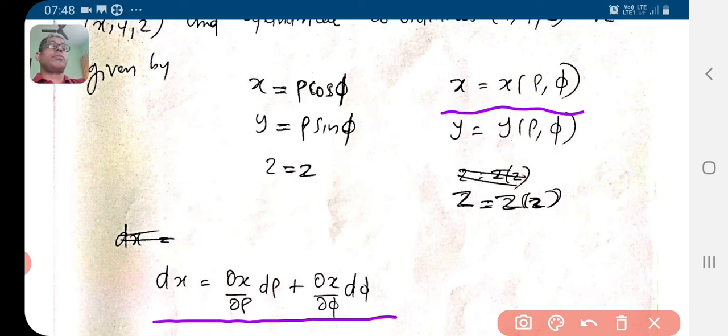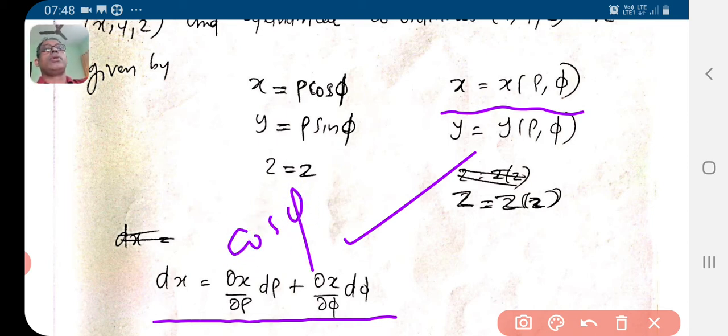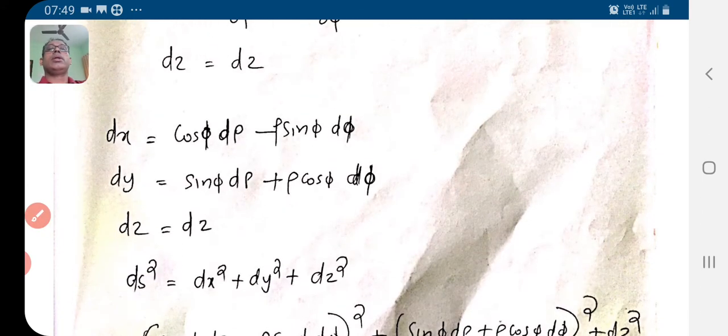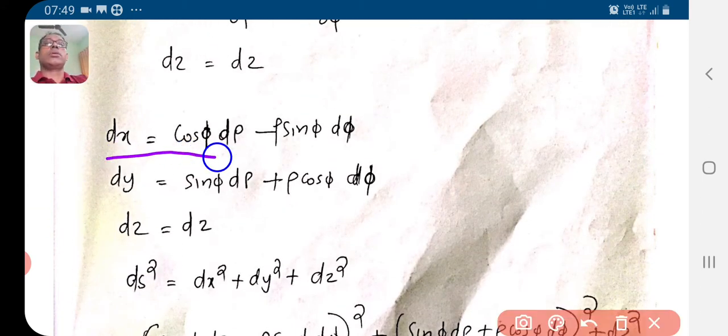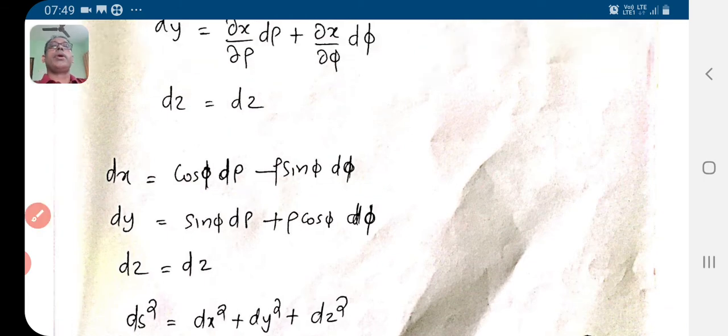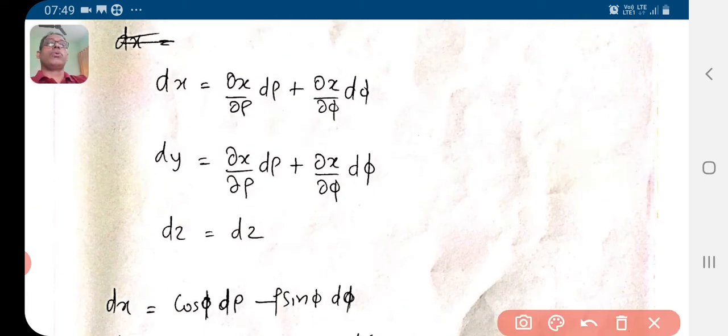Dou x dou rho will be cos phi, and dou x dou phi will be minus rho sin phi. So we have dx equal to cos phi d rho minus rho sin phi d phi.